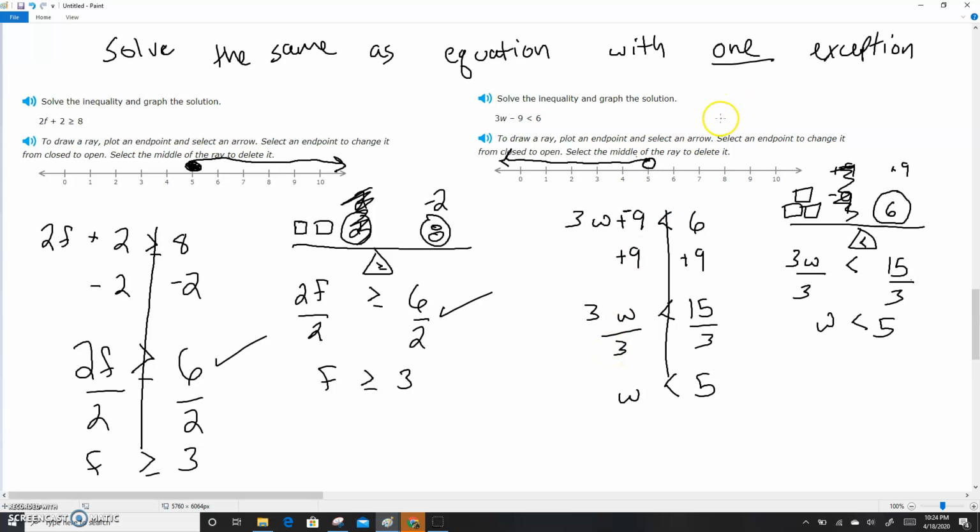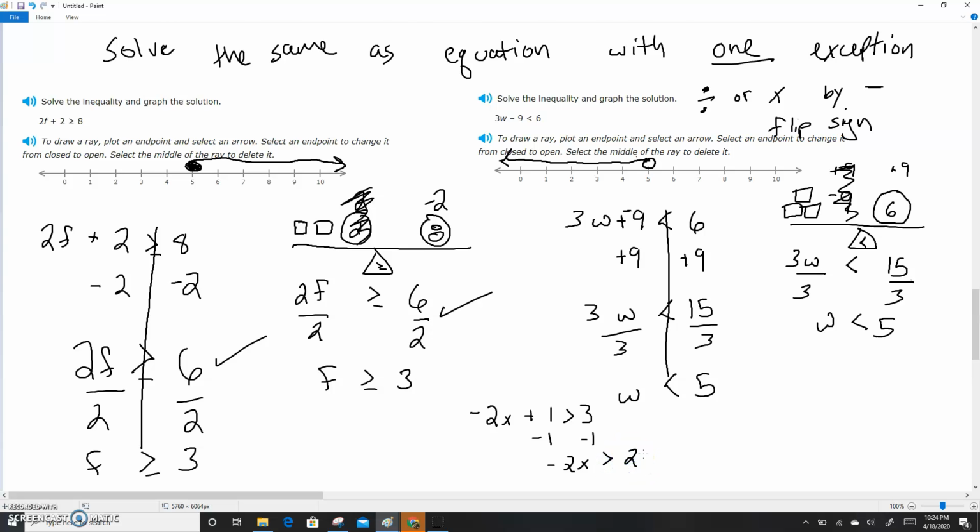But Mr. F, you promised us an exception. Let's go over that real quick. When you divide or multiply by a negative number, you need to flip your sign. So if we had the problem negative 2x plus 1 is greater than 3, I'm going to subtract 1 from both sides, and I'm going to have negative 2x is greater than 2.